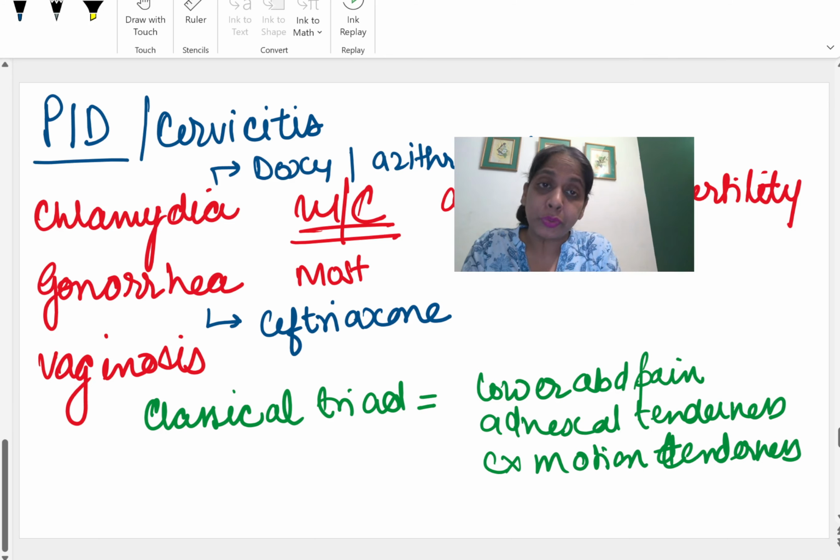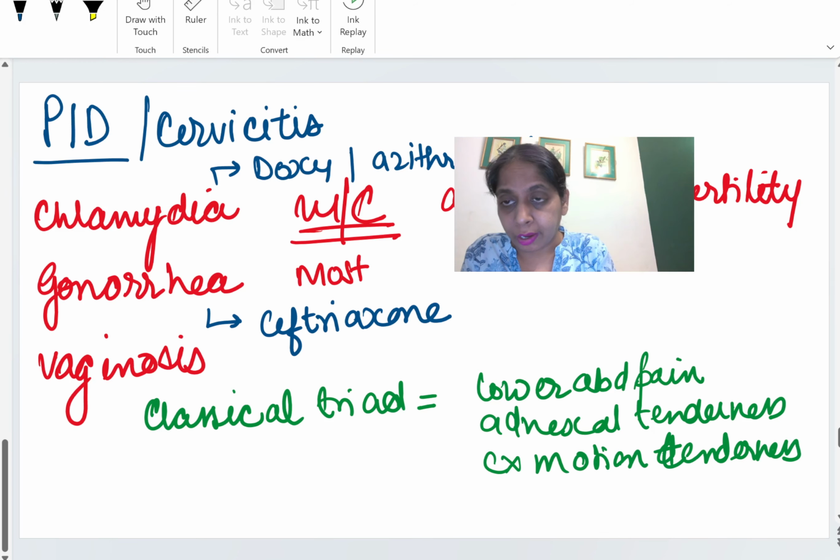Here it is due to the infection. When we move the cervix, the infected peritoneal cavity and infected adnexa get irritated more, so there is cervical motion tenderness, and in a similar way there is adnexal tenderness, and due to the inflammation caused by infection, there is lower abdominal pain. Okay, so this is a triad. These questions do come on this triad, so please learn this triad by heart.